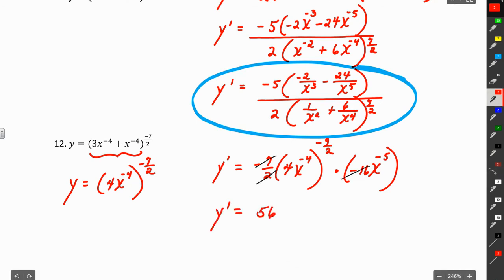And then I'll move x to the negative fifth to the denominator, so that would become x to the fifth, and I would move the 4x to the negative fourth, so that's 4 over x to the fourth raised to the 9 halves power. And that's it. We're done with number 12.